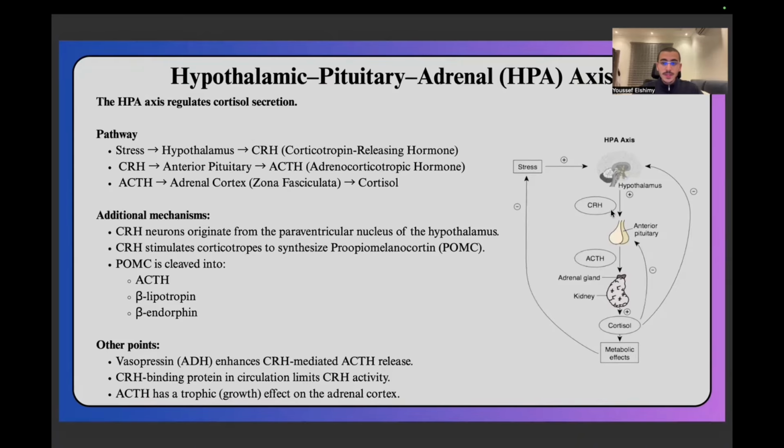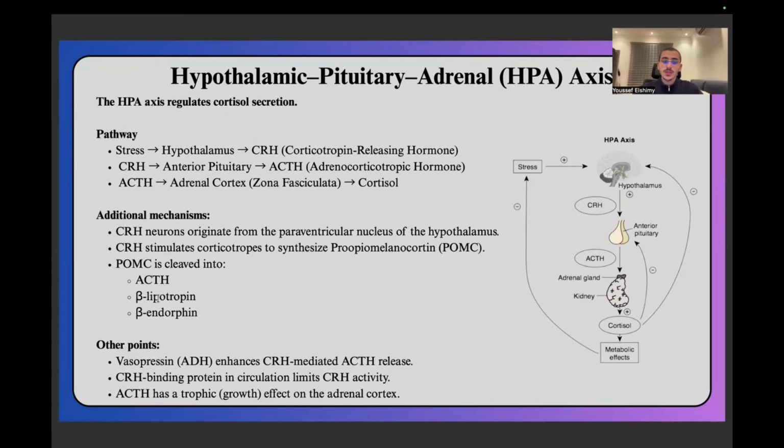These CRH neurons originate from the paraventricular nucleus of the hypothalamus. The CRH stimulates the corticotropes in the anterior pituitary to produce POMC, and this POMC gets cleaved into ACTH, the one used to stimulate the adrenal cortex.